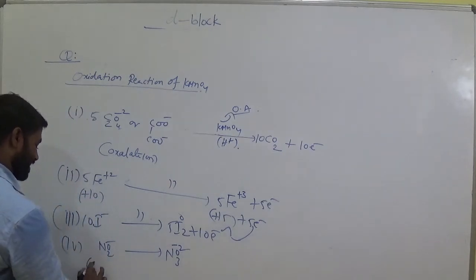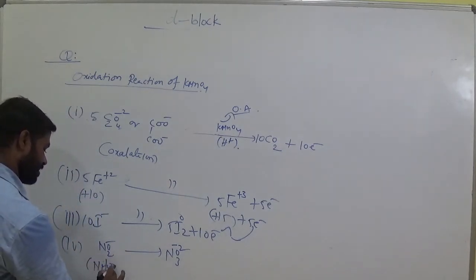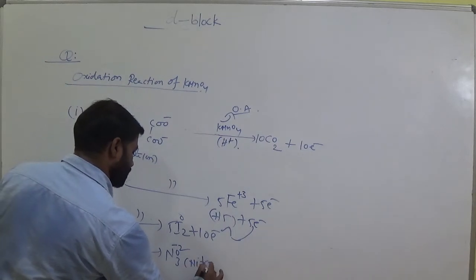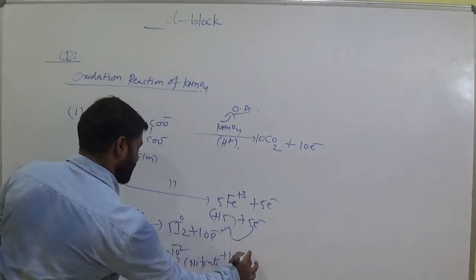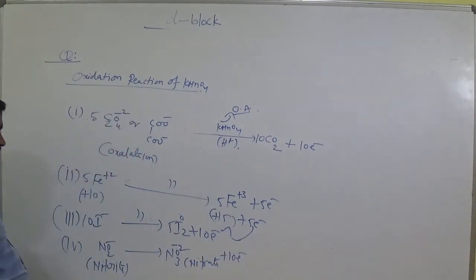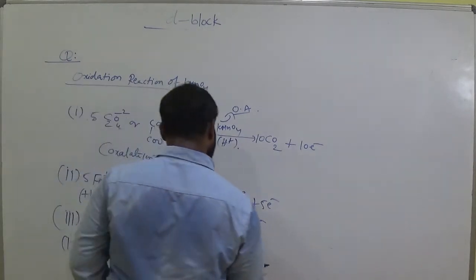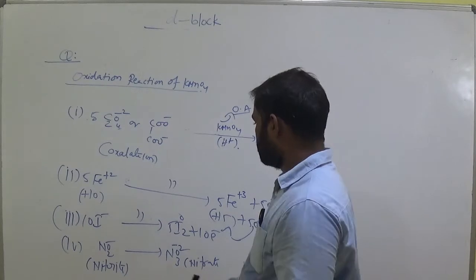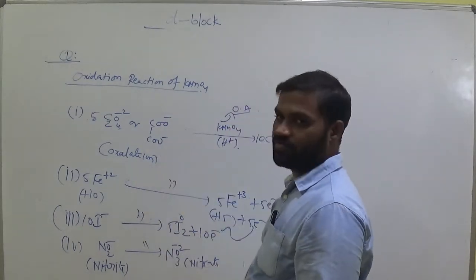Okay, nitrite becomes nitrate ion by the loss of 10 electrons here also. Okay. So these are our oxidation reactions of KMnO4. Okay.